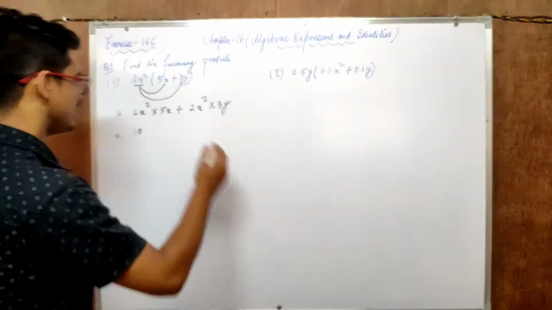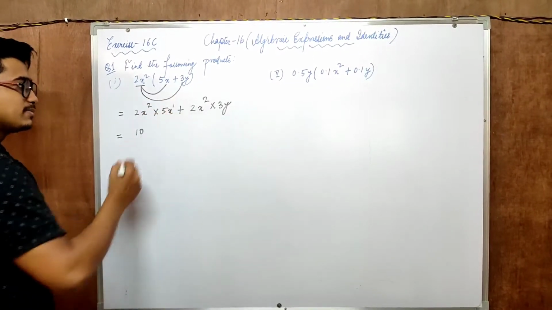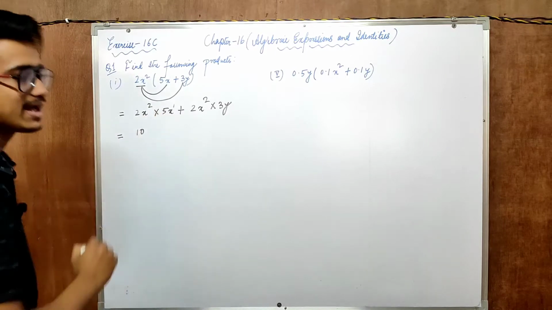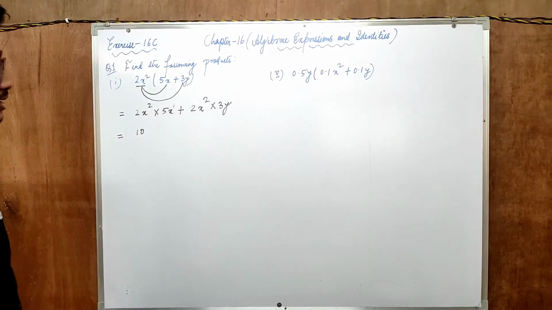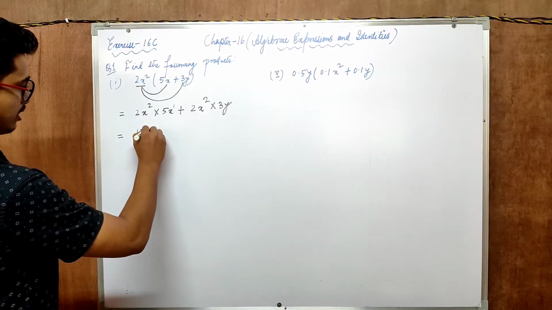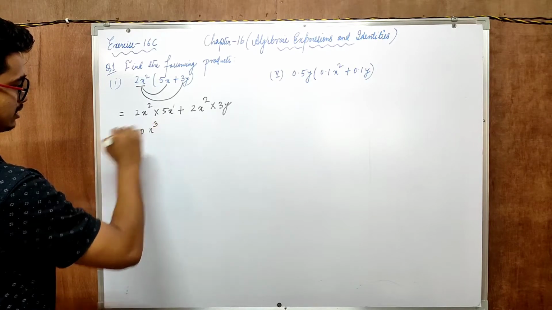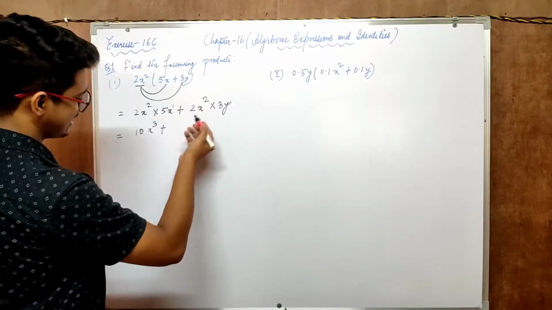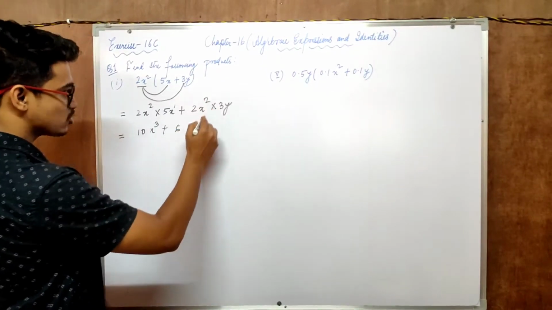So if nothing is there in the power, that means it is 1. So when we are multiplying x square with x, what is going to happen? That is 2 plus 1 and it will become 3. After that 2 into 3 is 6, and x square and y.